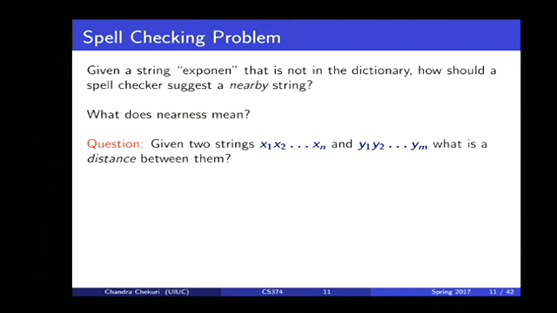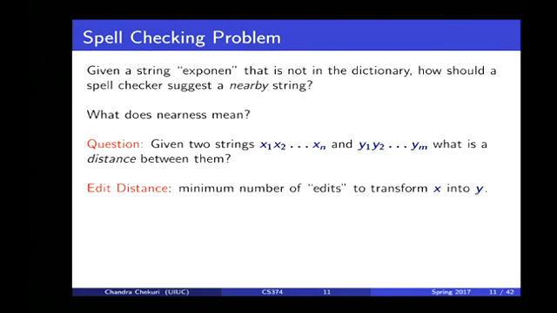The same thing with strings. How should we think about the distance between strings that makes sense for the application at hand? Given two strings, x1 to xn and y1 to ym on some alphabet, what is the notion of a distance that we can define?